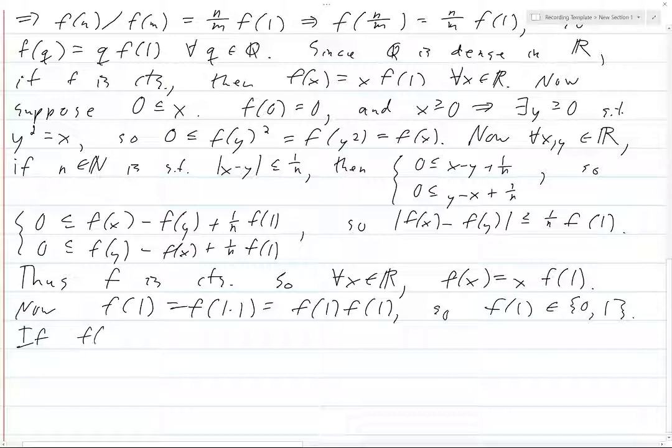If f(1) equals 0, then f(x) equals x times 0 equals 0, so f(r) is r times 0 equals 0, which is not equal to r. So f would not be a homomorphism from R to R.